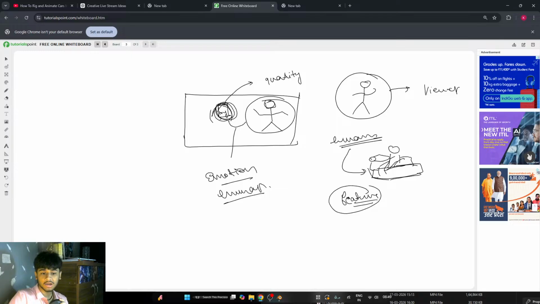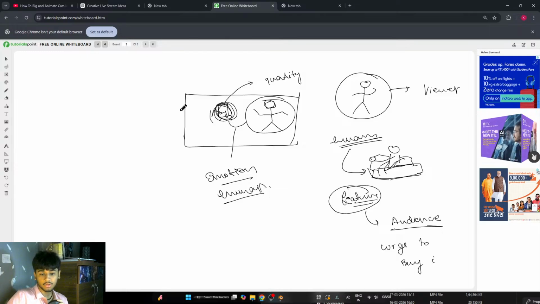By seeing those features, the targeted audience will have the urge to buy it. Why will they have the urge to buy it? Just by seeing the features, because they want to experience it, they want to use it.